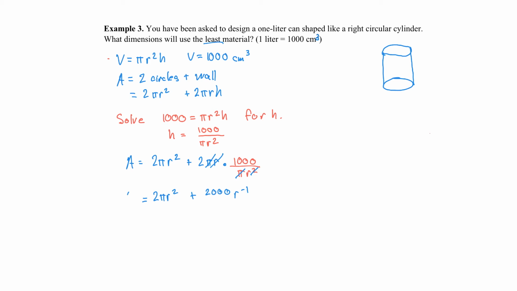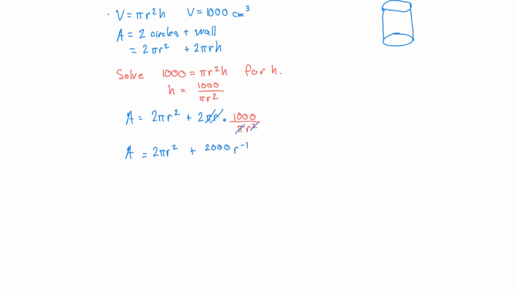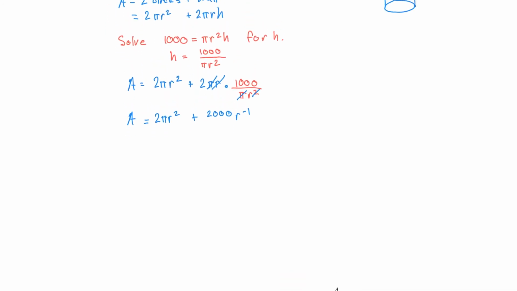So this is our area. To minimize, we need to find the critical points. So A prime is equal to 4 pi r minus 2,000 over r squared, and we set this equal to 0.